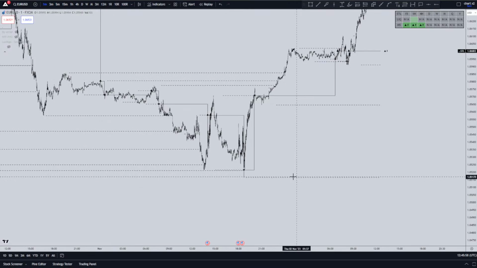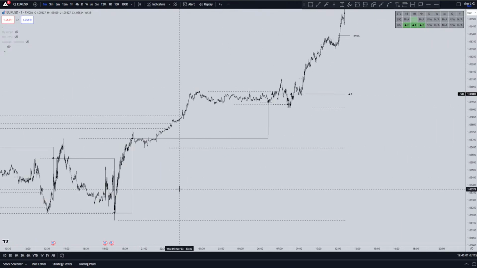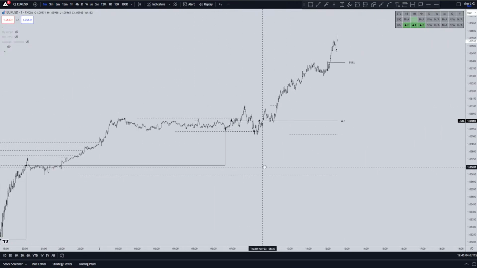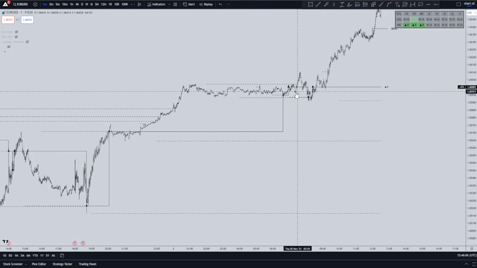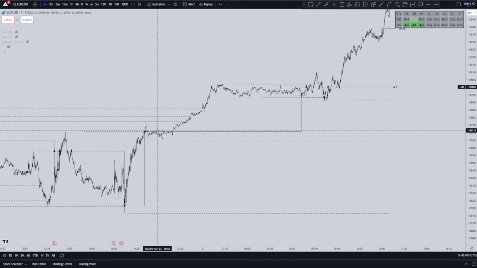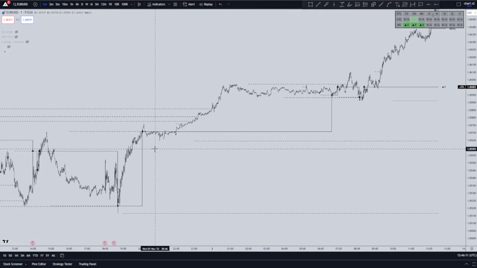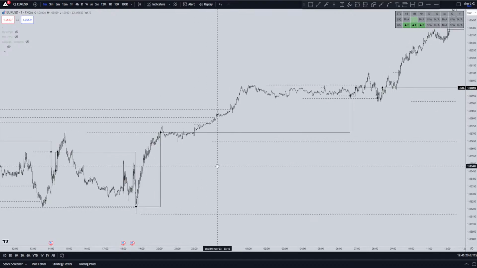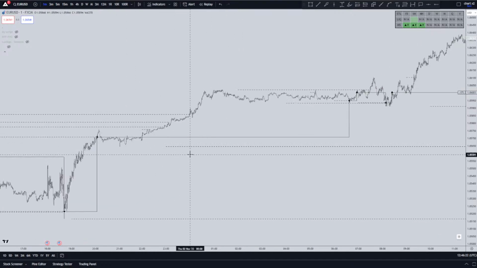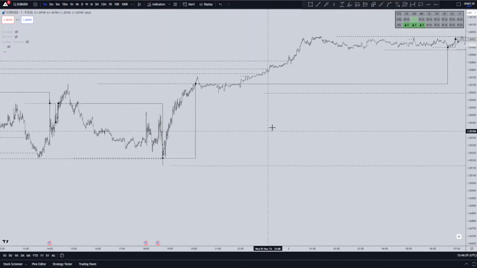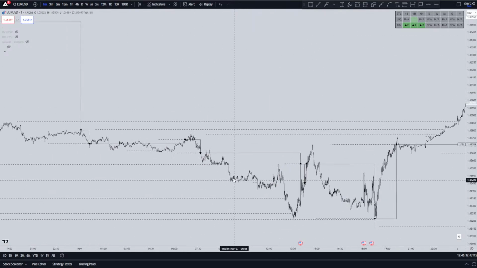So if we take an example, as we know, each market structure storyline is the market structure shift or break of structure, or however you want to call it. We just call it breakout, because what the market is going to do is consolidate, stop hunt one side, stop hunt another side, consolidate, stop hunt one side, stop hunt another side, and trend.